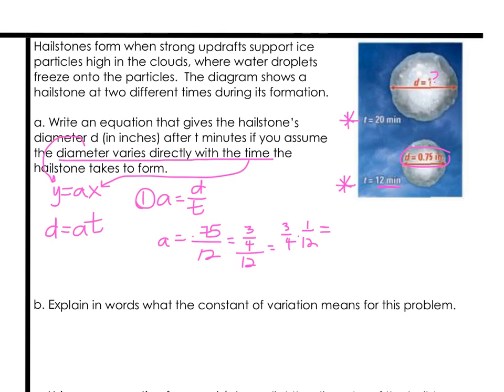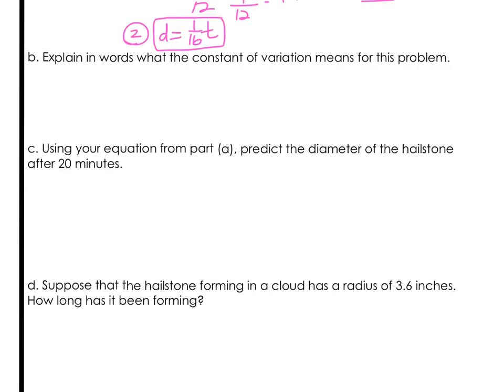And that gives us 3 over 48, which actually reduces to 1/16. There's our constant of variation. Now, for full credit, we have to plug it back in to actually create the equation. That's kind of our step 2. D equals A, which is 1/16 times T. That's the function of the diameter over time.